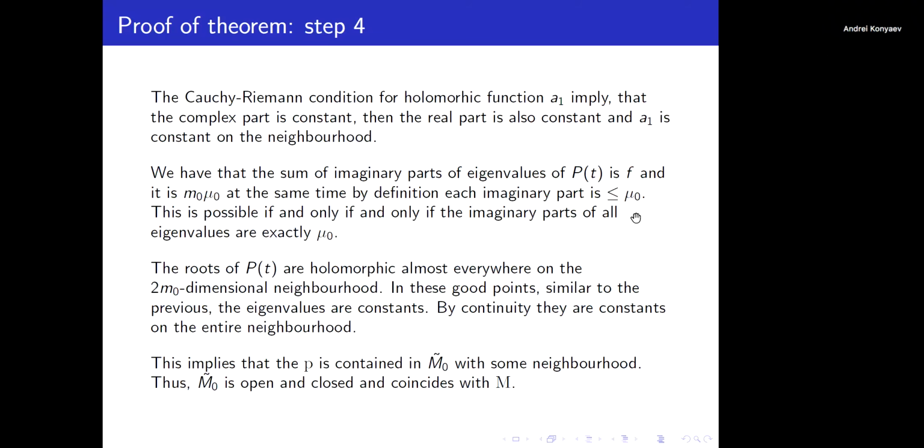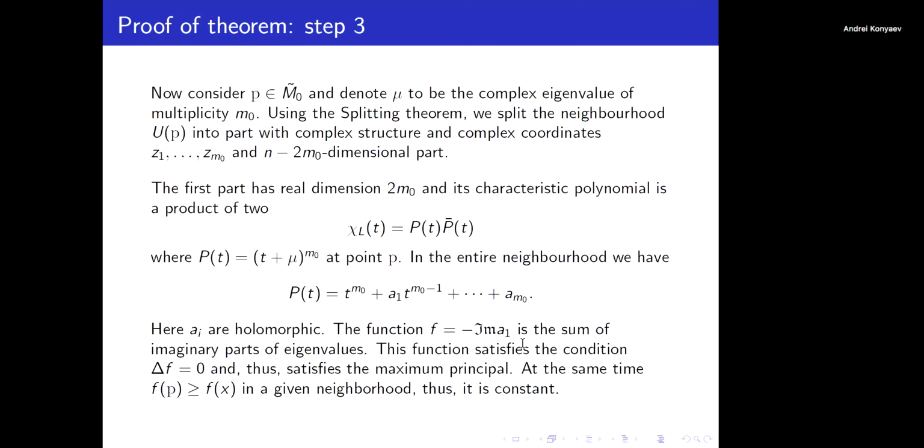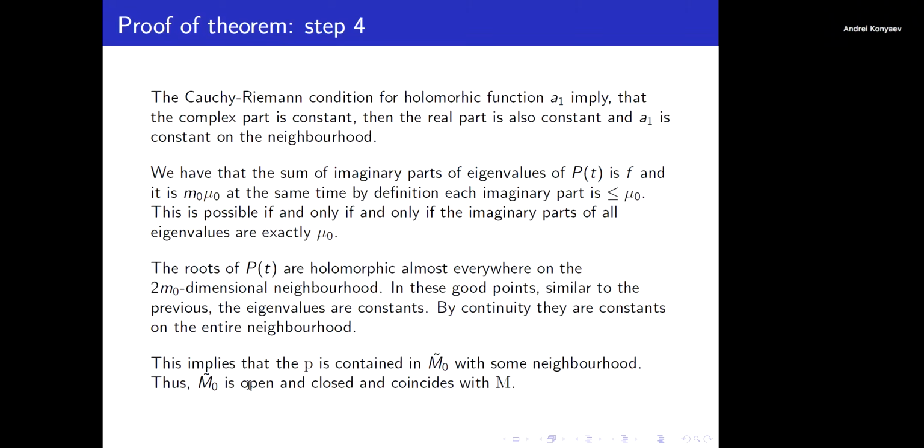So when we look at these inequalities, of course, for the points which belong to M0 tilde, the inequality is an equality, because all the imaginary parts are the same. But because the neighborhood is entire and not necessarily in this set, the multiplicity of eigenvalues can drop, can grow, and so on. What I said before. This was the motivation for that.